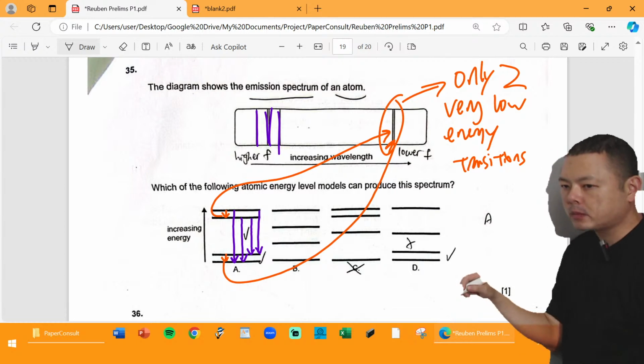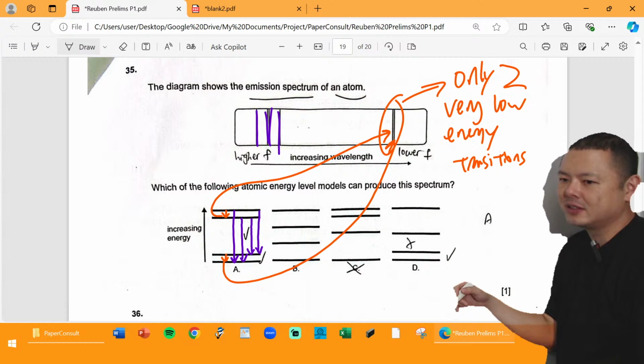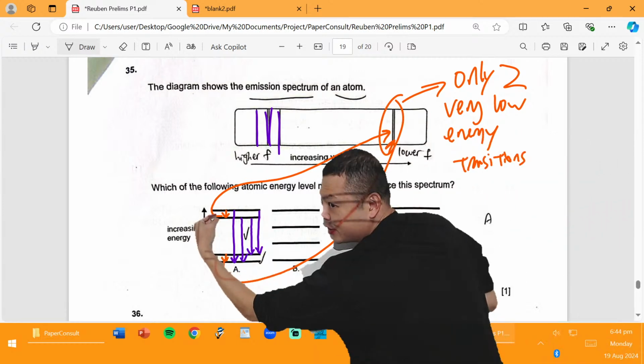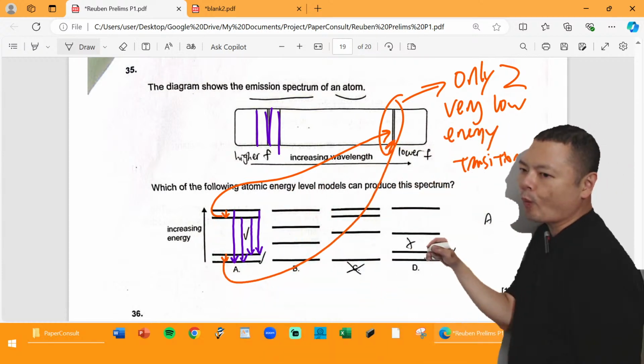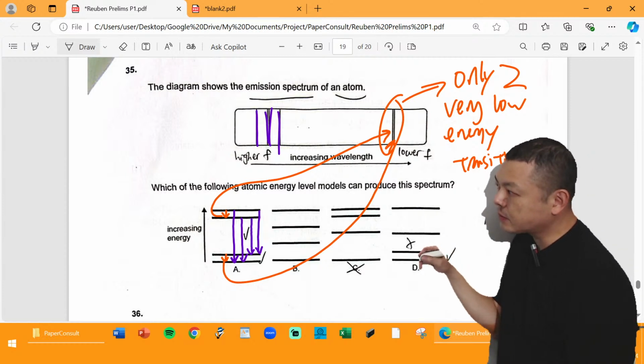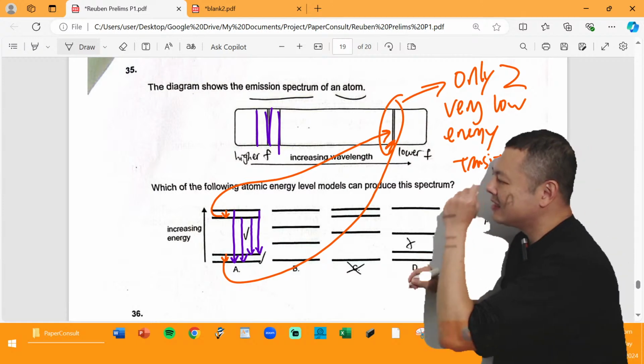So the small gaps, yes, that's what I'm trying to show you. The transition here represents the photon here. Then this one here represents the photon there. No, no, don't mix it up.